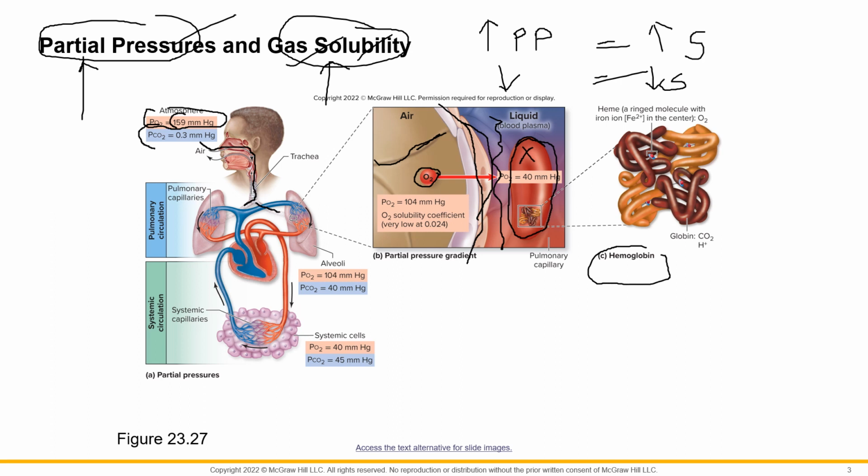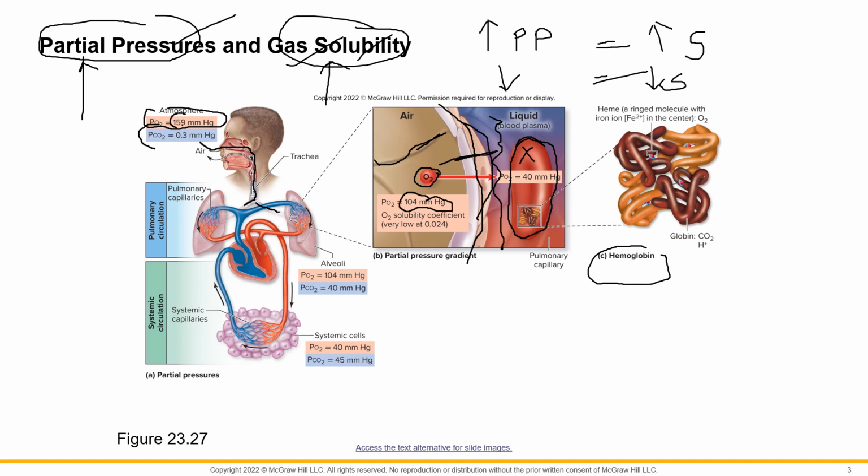On inhalation, oxygen at 159 millimeters of mercury goes through your nostrils, trachea, and bronchi, and gets into your alveolar sac. By the time it reaches the alveolar sac, it is at about 104 millimeters of mercury. From here, it is going to diffuse through the walls of your alveoli.